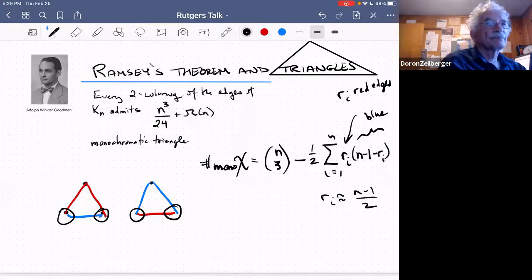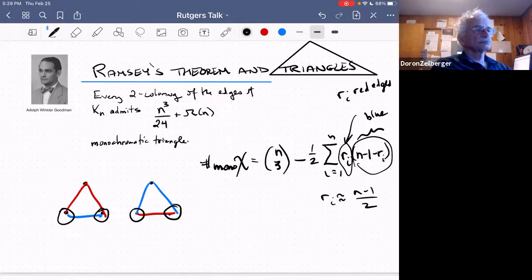And so this is where the mod 4 comes in, because you're going to have a divided by 2 and a divided by 2. And so it's just a little bit of finagling to make these integers. And once you simplify this, you'll get this result, meaning I have some kind of minimum number of monochromatic triangles that have to occur.